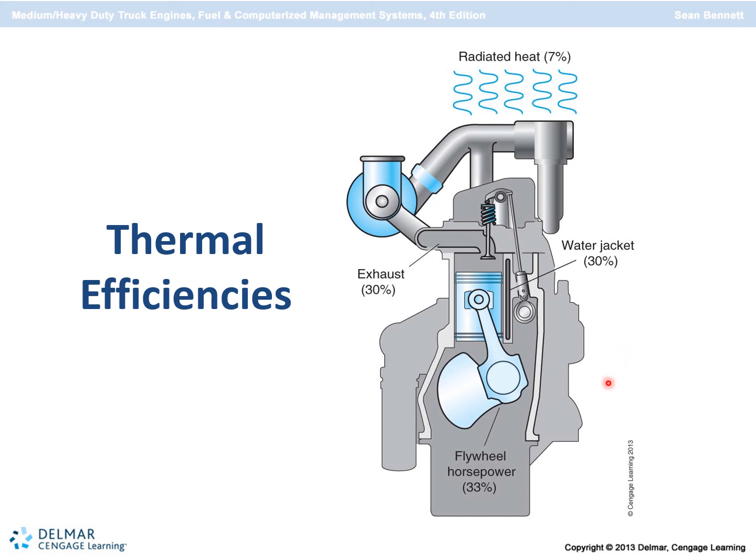So we have oil jets that allow us to cool the engine from the bottom. We'll get into that later on in this course. We're going to see how the cooling system is critical in maintaining the operation of the engine.